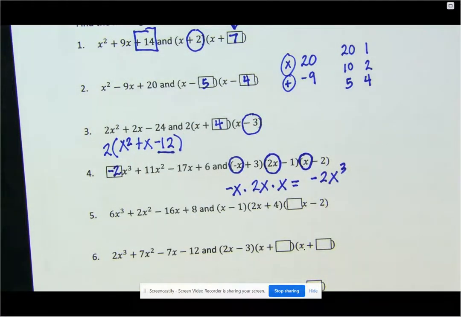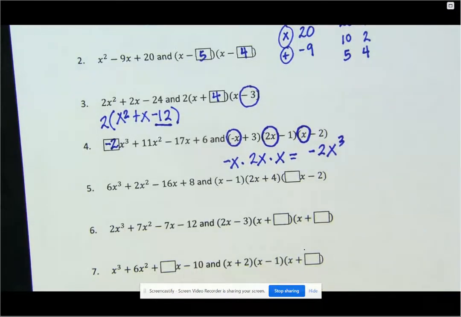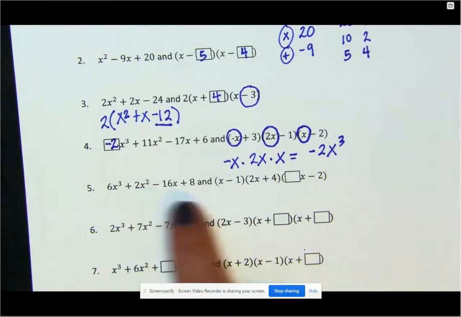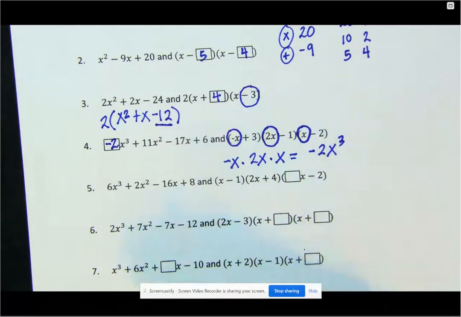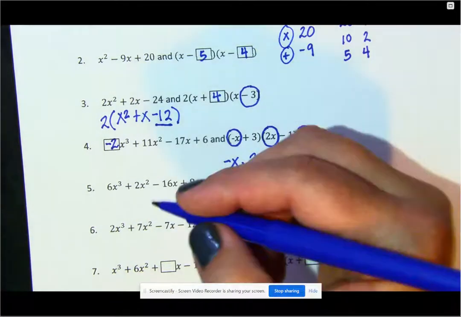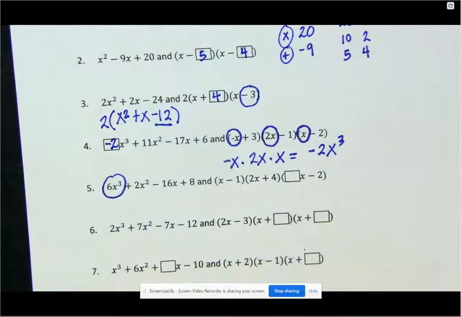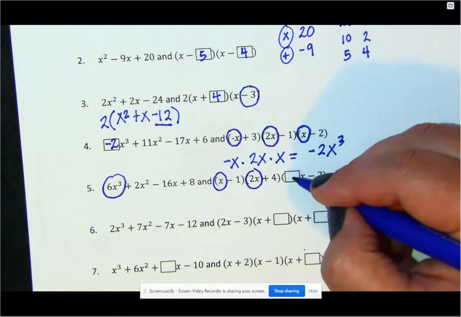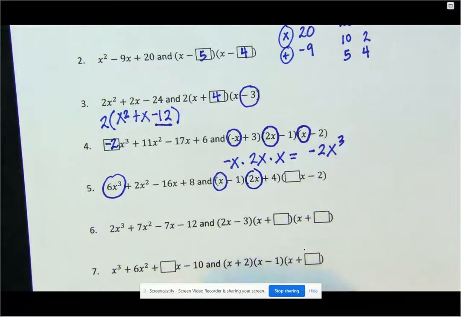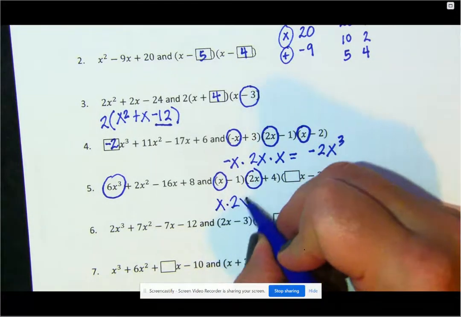All right, number 5. This time they give me all the information of the standard and missing information on the factored. Again, kind of reverse of what we just did on number 4. I know that this leading term right here is created by this times I don't know. Okay, so I've got x and 2x so far.